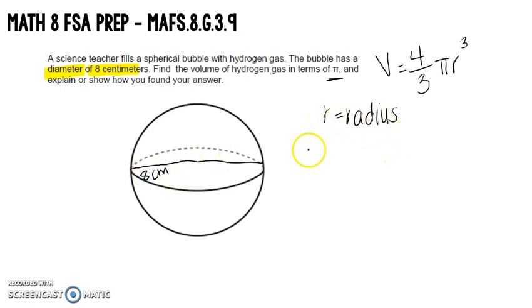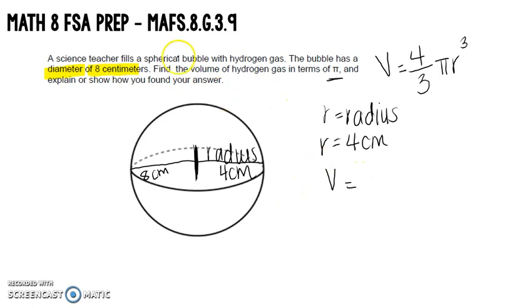A radius is equal to half of the diameter. So my radius is only half of that 8, which means my radius is 4 centimeters.